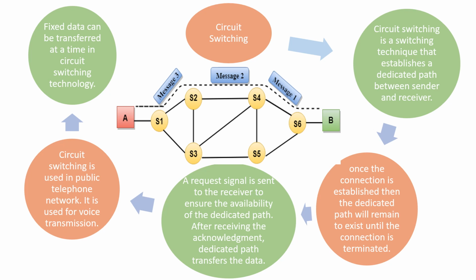That is, first one is the connection establishment, then the transfer of data, and the connection termination. So in this diagram also we can see that a connection is established between the sender and receiver, and in that dedicated path the messages are transmitted. So this is about the circuit switching.